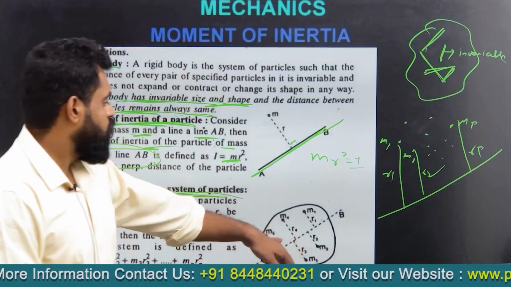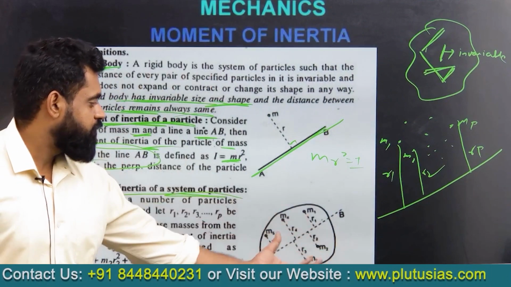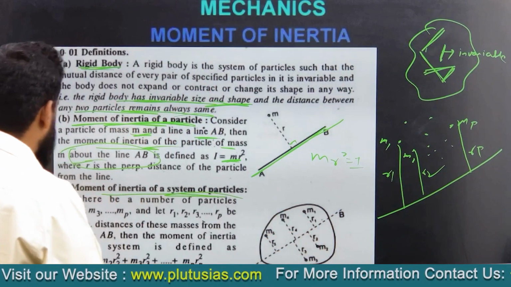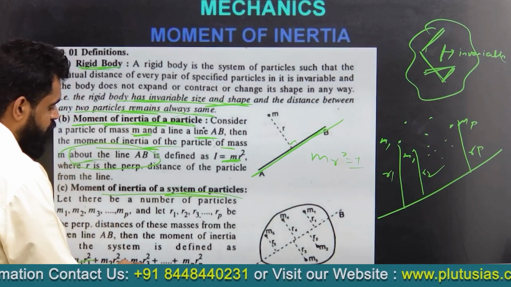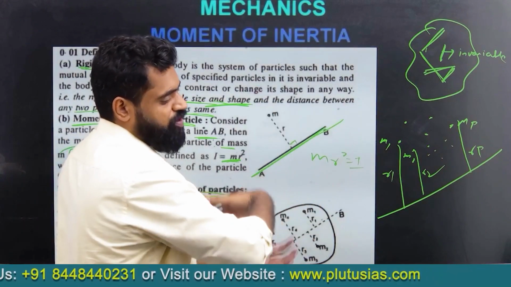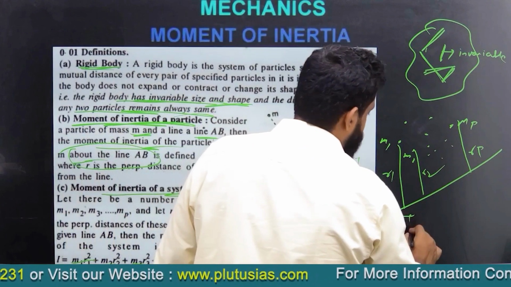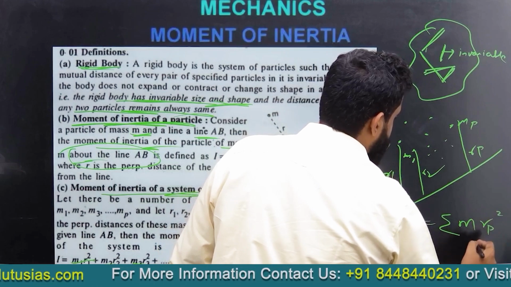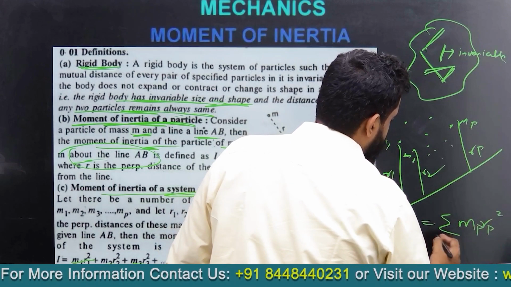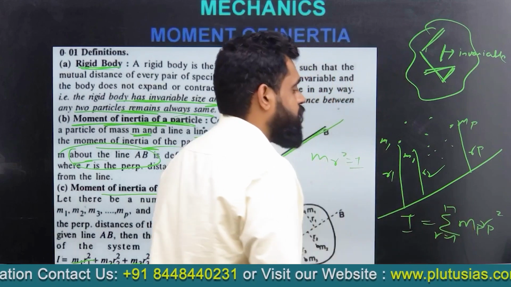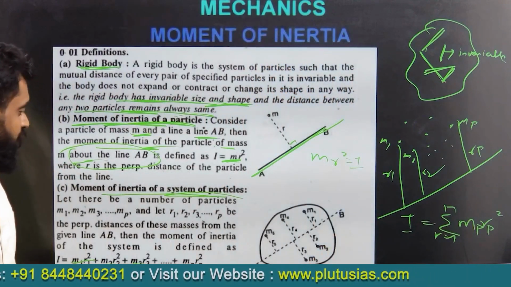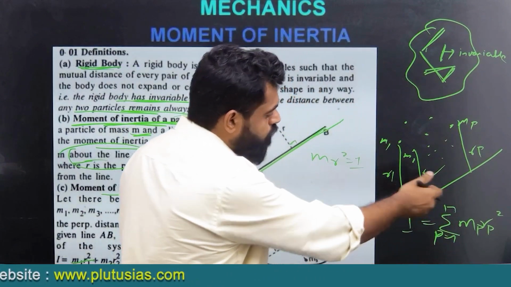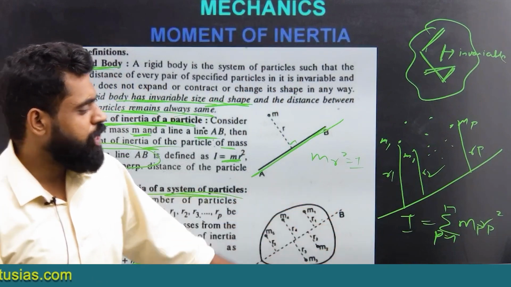If m1, m2, m3 have distances r1, r2, r3 from an axis, any axis, then the moment of inertia of the system of particles is the summation of these individual particles. I is equal to the summation of mp rp square, from p equal to 1 to n, if there are n particles.